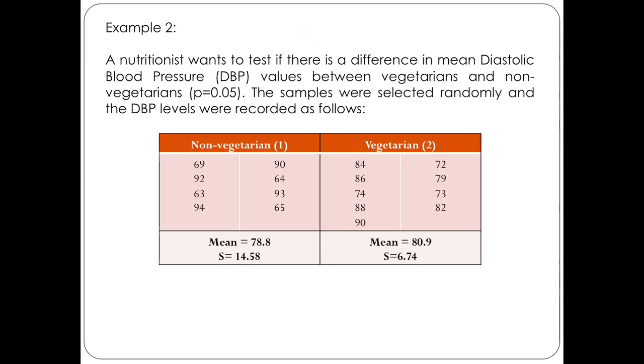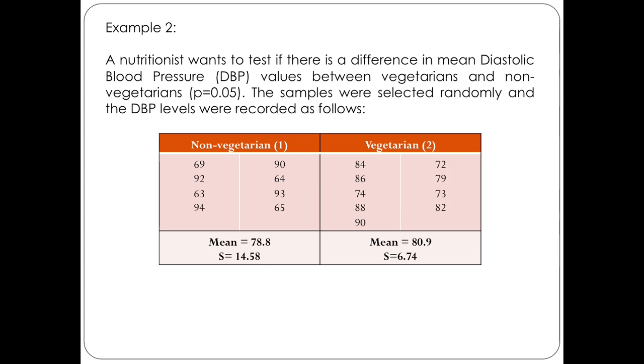Okay, let us look at another example. Example 2. A nutritionist wants to test if there is a difference in the mean diastolic blood pressure (DBP) values between vegetarians and non-vegetarians at a p level of 0.05.